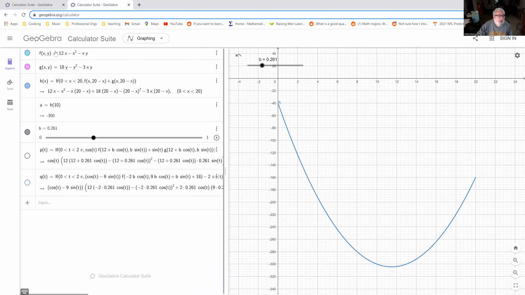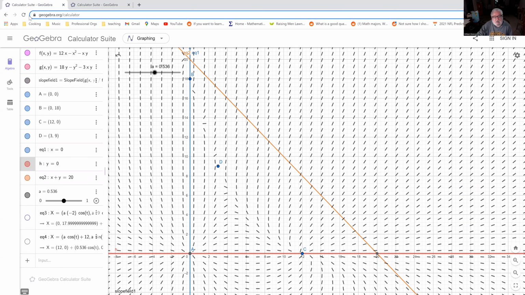Here's my x component, here's my y component, and we say, well, if x is between 0 and 20, take the dot product of 1, 1 with the vector field f comma g, and what do you get? You get f of x, 20 minus x, plus g of x, 20 minus x, and you can plot that, and there's that plot. And that's always negative, right? So we take the dot product between the vector field and the normal vector to this line, and we got that that's always negative. The vector that's normal to this line is 1, 1, that points up to the right.